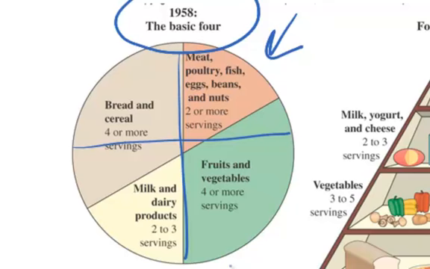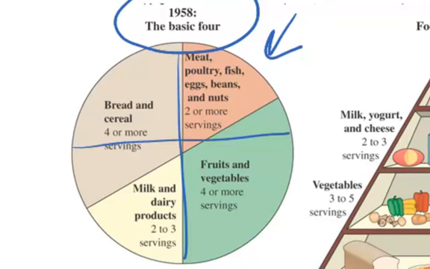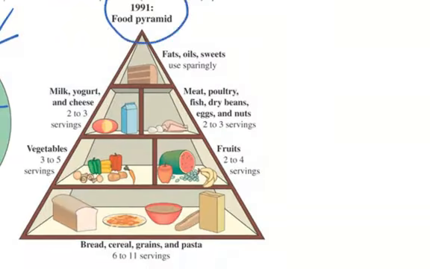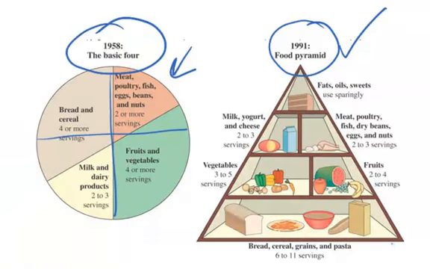Then in 1991, the 4 basic food groups circle was updated to give the food pyramid. The purpose of changing it was, first of all, there were better graphics and more printing and more paper available in the 90s than there were in the 50s.